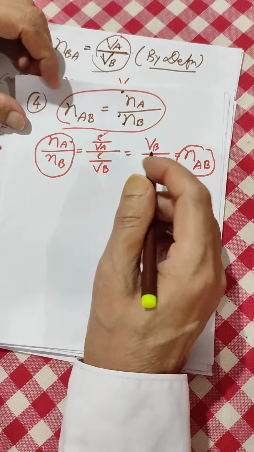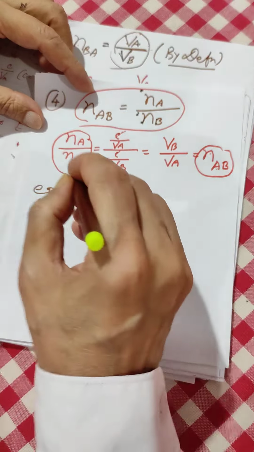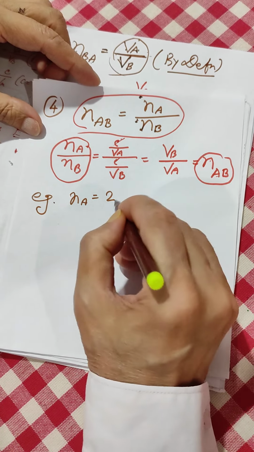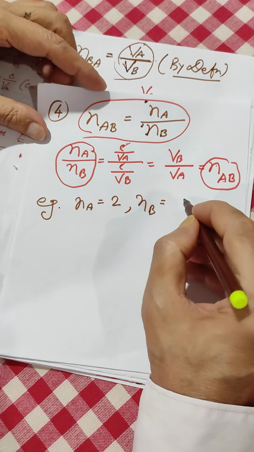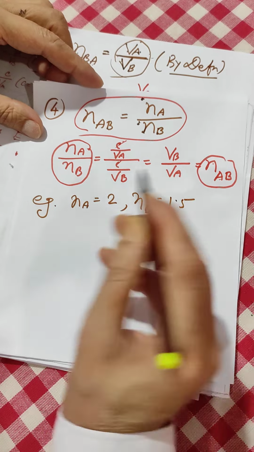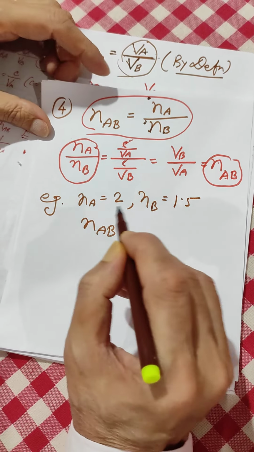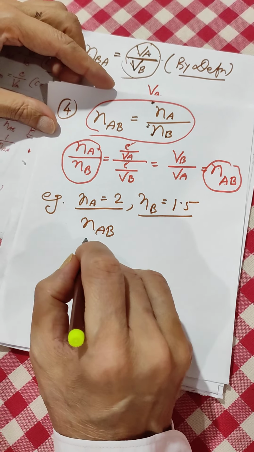All right. For example, you'll be given a numerical sum like this. Suppose NA is given as 2. Then NB is given as, say, 1.5. Then you'll be asked to find NAB. So NA and NB are given, and you are required to find NAB.